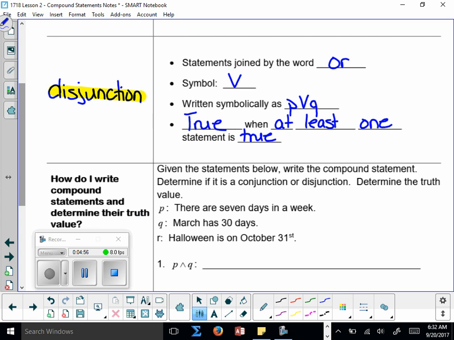You can have dessert if you eat your broccoli or your carrots. How many vegetables do you have to eat? Only one kind. So a disjunction is true when one part of the statement is true.